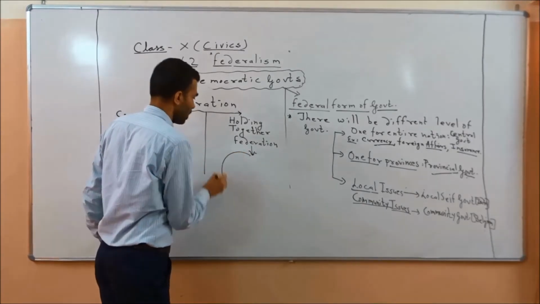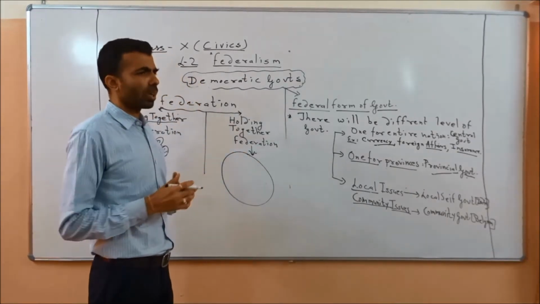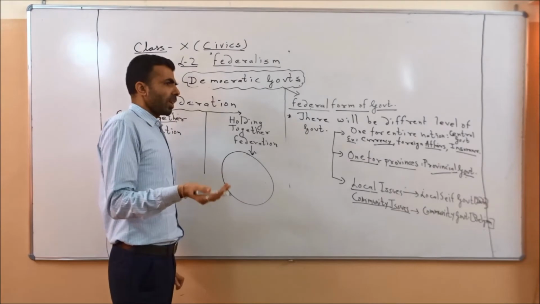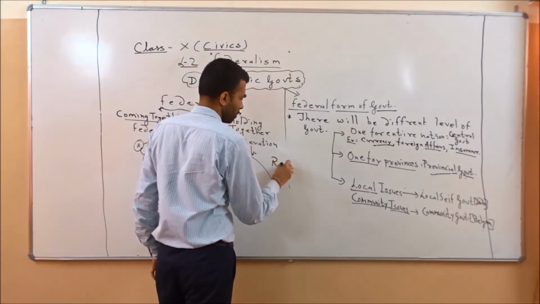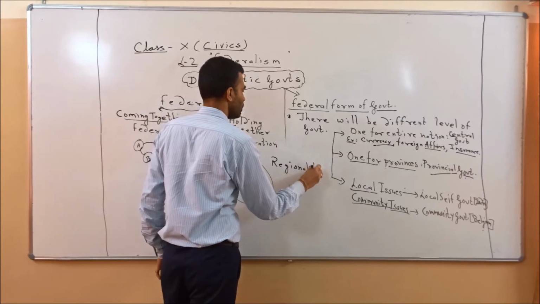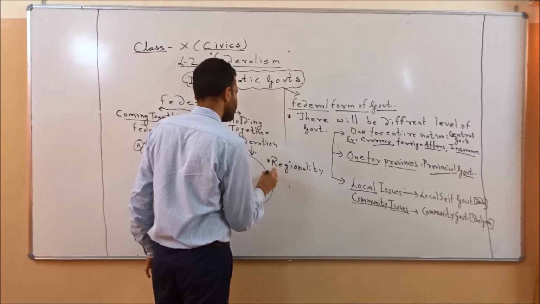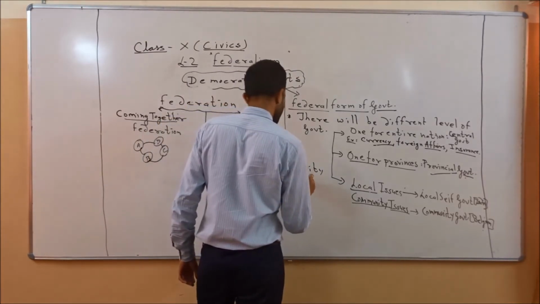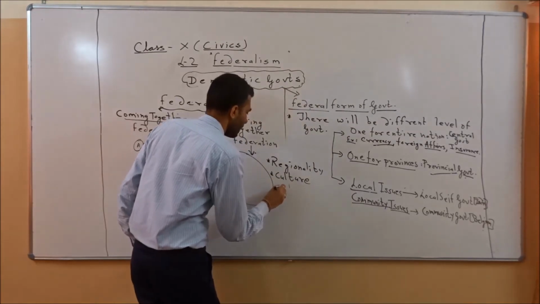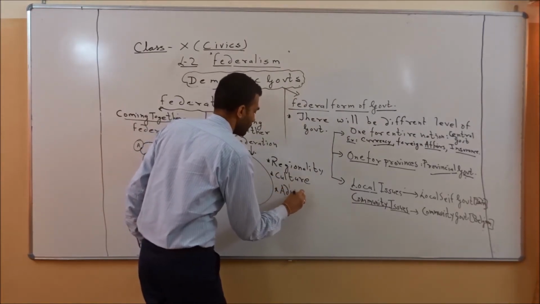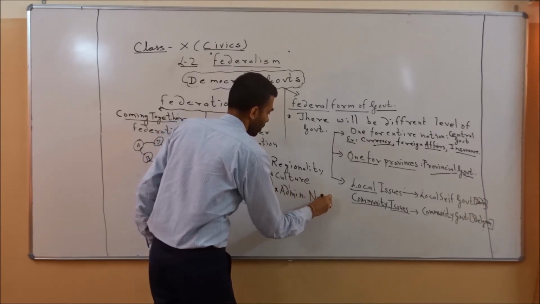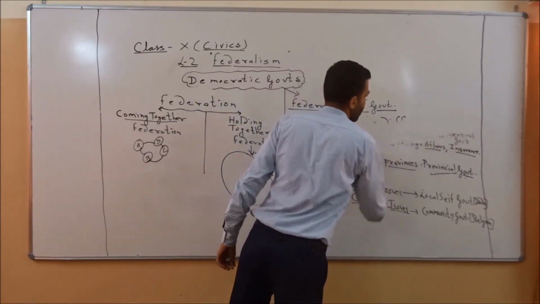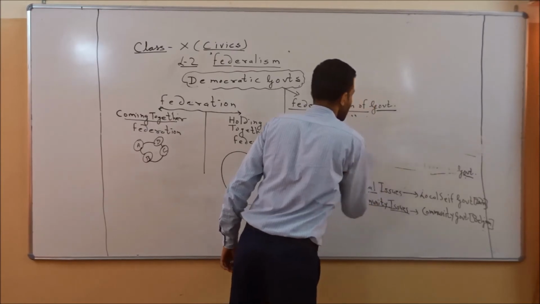Consider a big nation with a big area, and on the basis of regionality, on the basis of culture, and on the basis of administration needs, the bigger nation decides to divide itself into a number of smaller states.